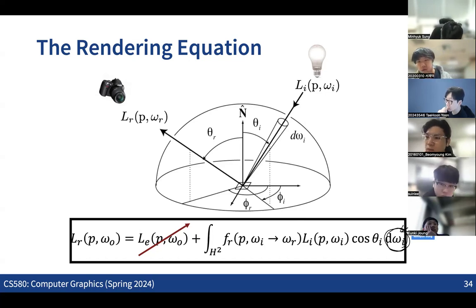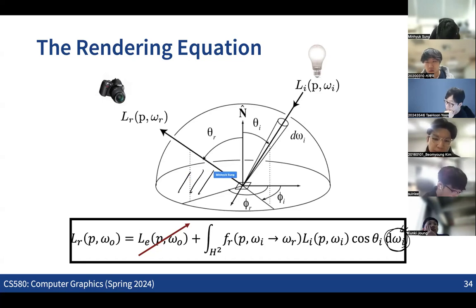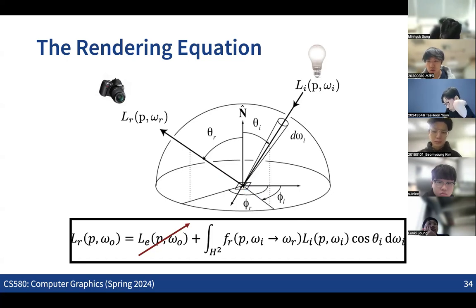When you have this surface, we are assuming that locally it is a flat plane. We are sampling the direction to any point over the hemisphere, and then calculating all these terms, and this integral can now be estimated using the Monte Carlo method. So this is the basic idea.